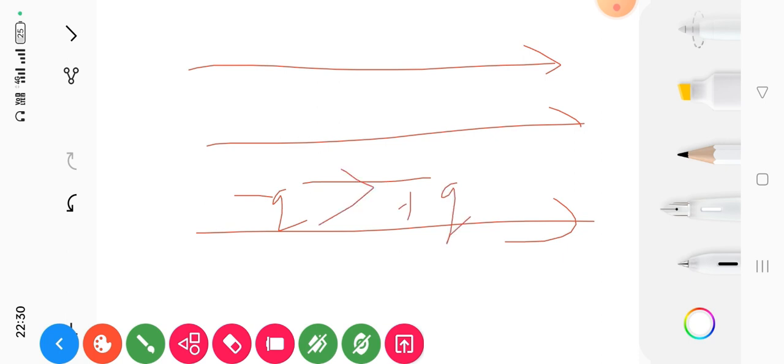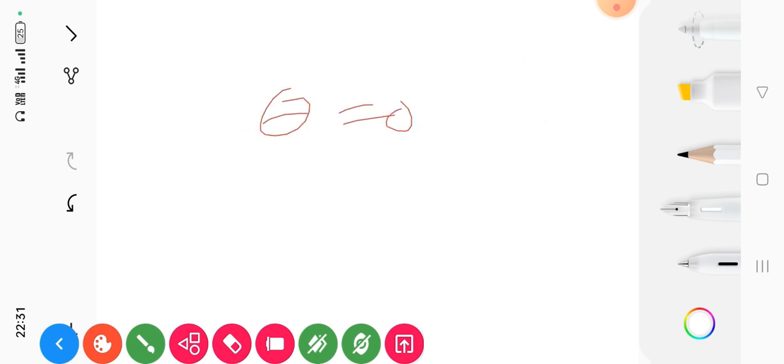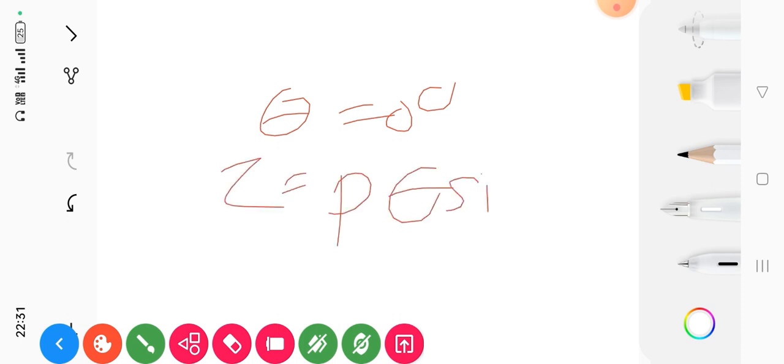This is the direction of the dipole. What is the angle between the dipole and the electric field? The electric field is here, and the dipole moment is in the same direction. The angle theta is 0 degrees. Substitute theta in the equation of torque: sine 0 is how much? 0. So zero torque.